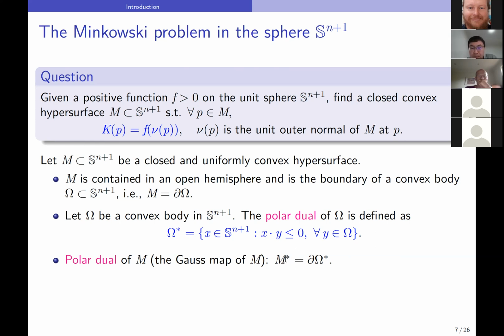Then for the boundary, we use M star to denote the boundary of omega star, which is another convex hypersurface in the sphere. Actually, this M star is just the Gauss map image of M, the collection of unit normals of M. As in the case of R^{n+1}, we also have a nice duality: if the Gauss curvature K is equal to f, then for the dual hypersurface, its Gauss curvature K star is equal to 1/f.